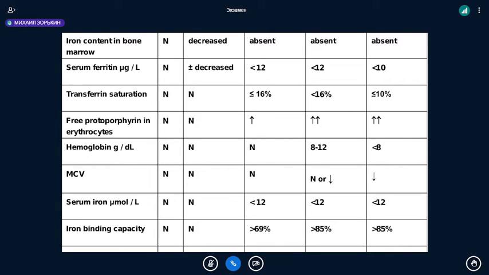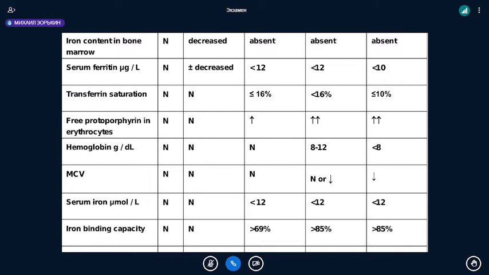It is the very first stage, associated with the iron content in the bone marrow decreased and serum ferritin, the most important protein associated with iron storage in the body, decreased. So in this stage, for example, the patient can have a condition after bleeding, so a certain blood loss can be typical.